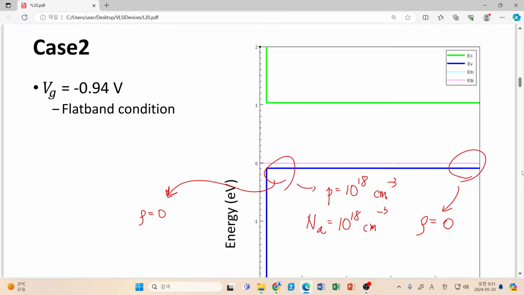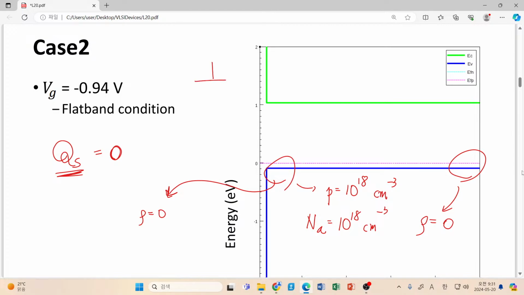So it means that if we calculate the net charge density inside the entire semiconductor or silicon region, then the value will be just 0.